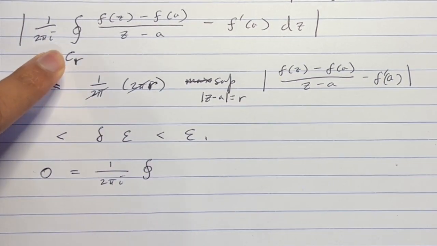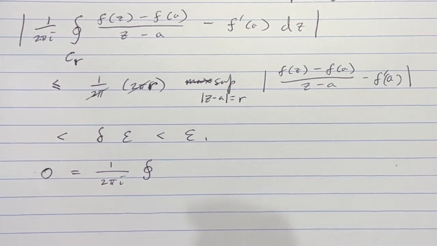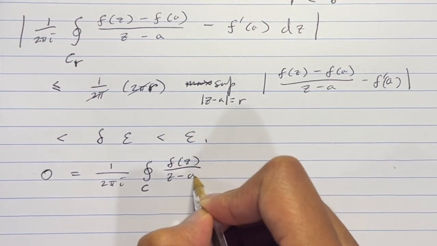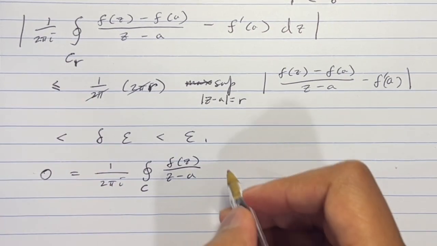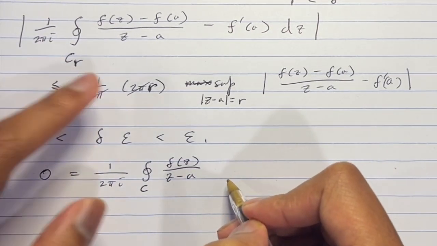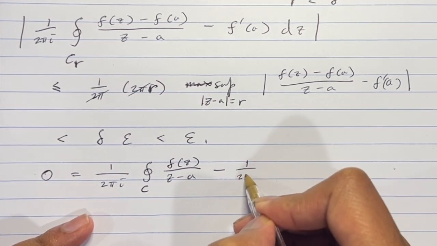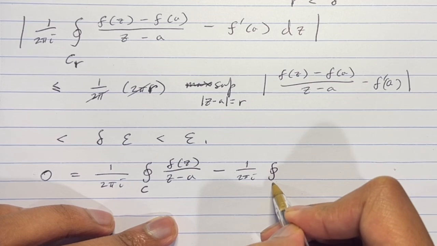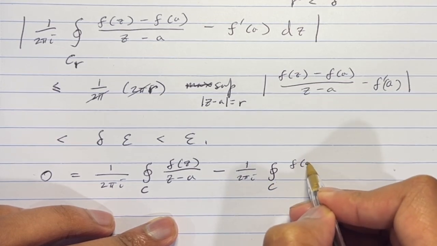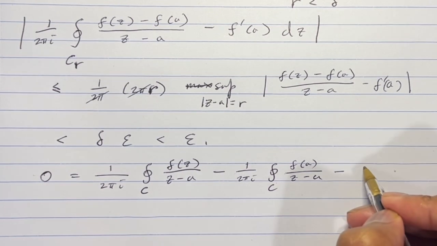Because we can interchange this C_R with a C, we're going to put back in the C because we don't need the C_R anymore. Again, we're using Cauchy's deformation theorem to go back and forth between the C's and C_R's. We're going to forget the dz for a minute because it's a bit annoying: 1 over 2 pi i, integral over C of f of a, and subtract this as well.